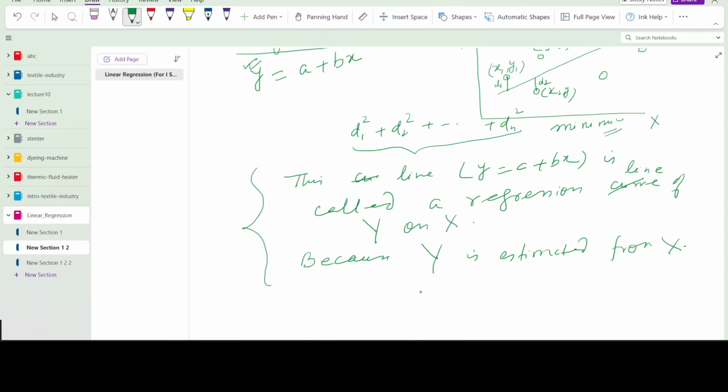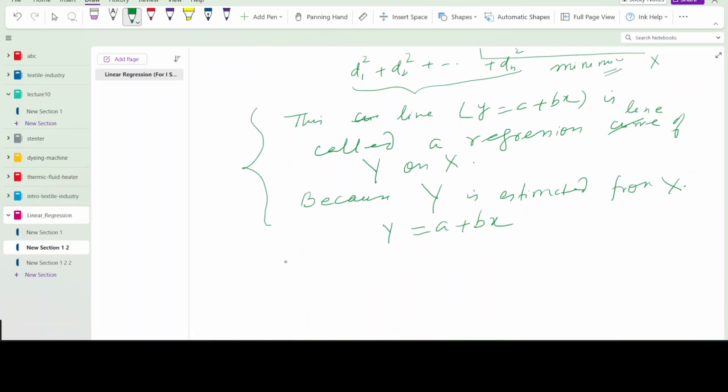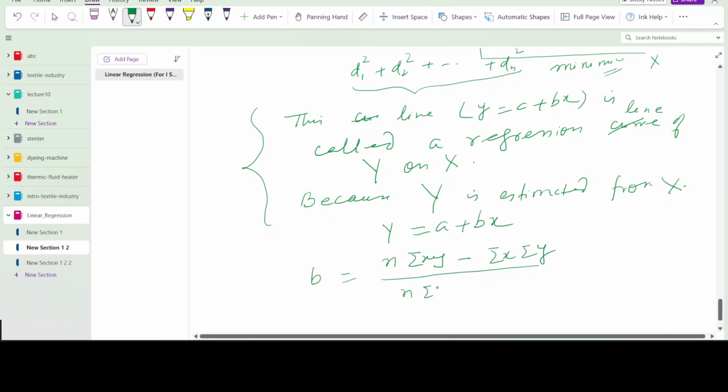So using y is equal to a plus bx, we have found out the values of a and b, and the value of b is equal to n sigma xy minus sigma x sigma y divided by n sigma x square minus sigma x whole square.